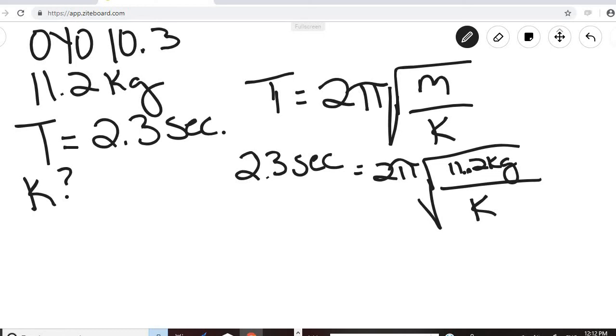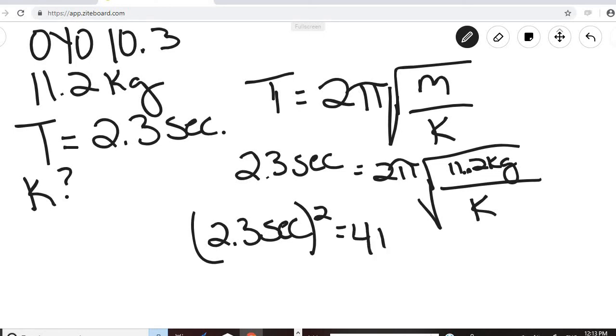To get rid of the square root, we're going to square everything. So it would be 2.3 seconds squared equals 4 pi squared times m over k, and the m was 11.2 kilograms divided by k. Okay, so then we can just solve for k.